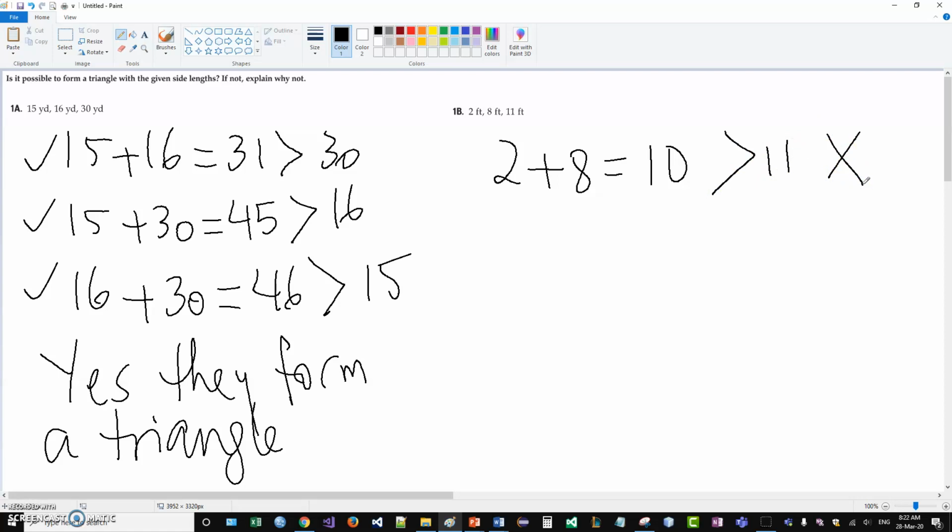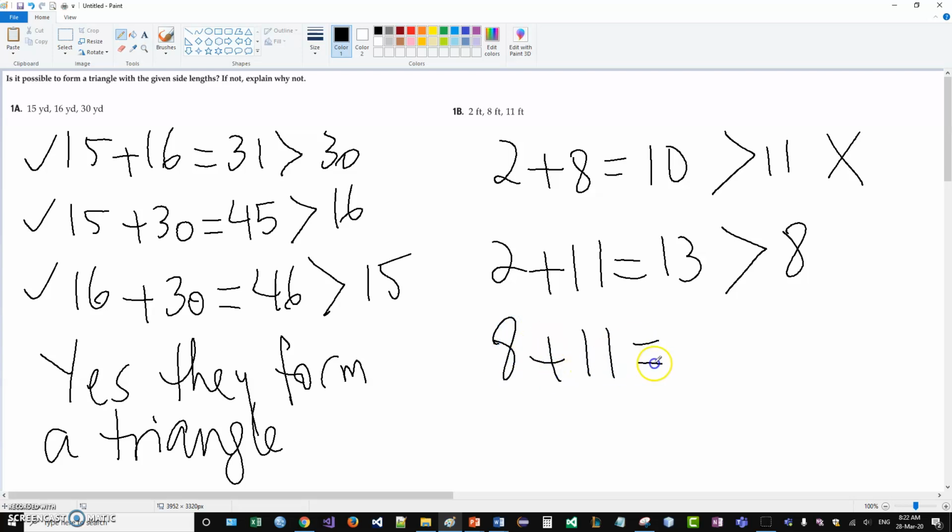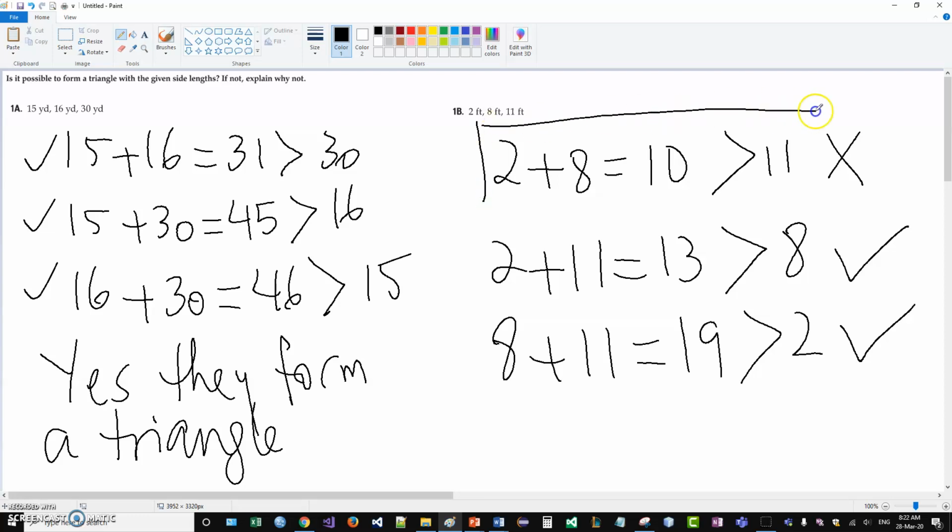But let's check the others, just as a formality. 2 plus 11 is 13. That's greater than 8. 8 plus 11 equals 19. That's greater than 2. So two of them were okay, but the first was not.